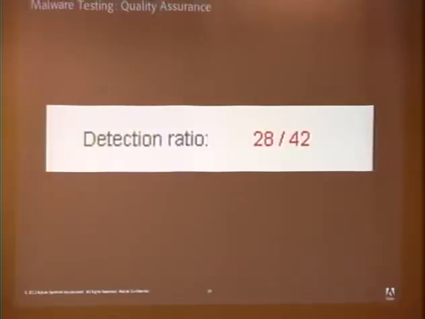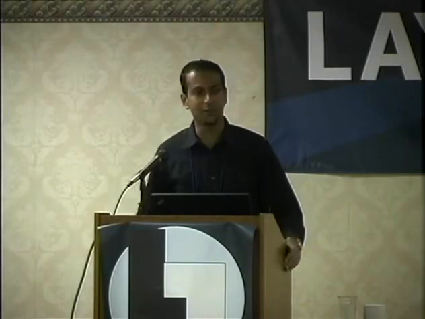In this case, it's 14 out of the 42 AVs that don't detect this particular sample. And if that number is too low, they may just go back to the drawing board and say, I want a more effective mass malware campaign, and I'm going to add different kinds of encryption or different kinds of packing, or layers of packing, in order to make my malware more effective and infect as many computers as possible in the first run.